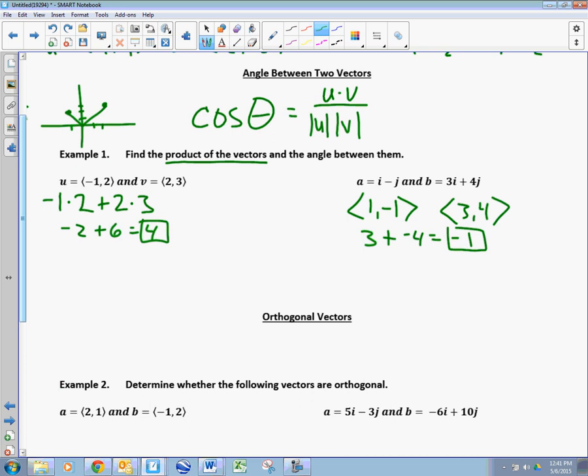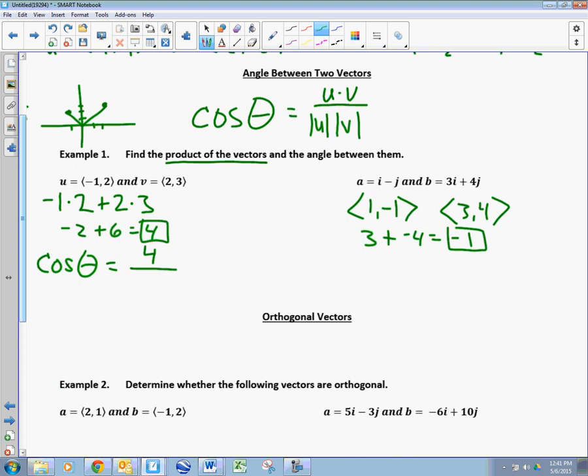It says find the product of the vectors and the angle between them. We use this formula. It's very simple to set up. We say the cosine of theta is equal to U times V. We've already done U times V, haven't we? What is U times V? 4 divided by, this gets to our question that Hannah asked, the magnitude of U. Magnitude of U is square root of a squared plus b squared, correct?